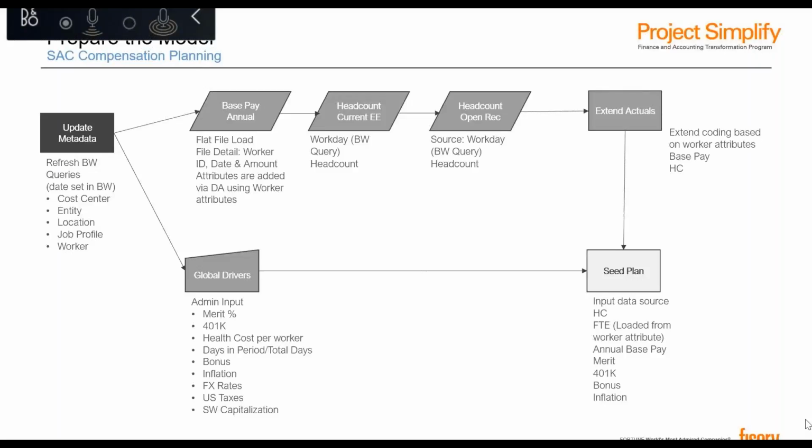These drivers include our assumptions for merit, the 401k benefits for US, medical benefits, and then the bonus pool assumptions. These drivers, for the most part, are applied globally, but drivers like bonus can be applied down all the way to a business unit or a cost center level, depending on the pool of money that is being apportioned for each business unit, depending on their prior year performance and such.